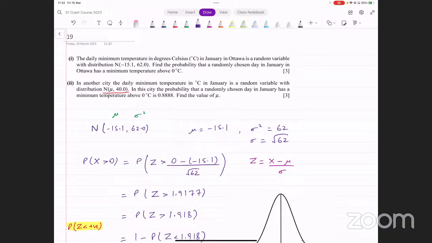Now, we know that in this city, the probability that a randomly chosen day has the minimum temperature above 0 degrees Celsius is 0.8888. Given this, find the value of mu. So the variable is daily minimum temperature. Let's call this x. They are telling us the probability that the temperature is above 0 degrees Celsius is 0.8888.